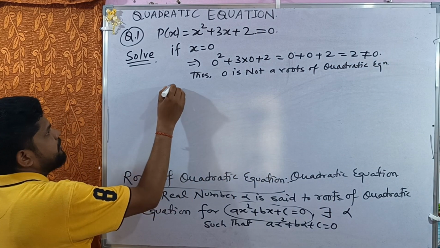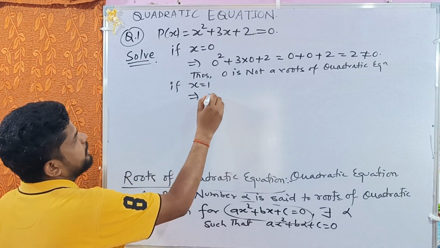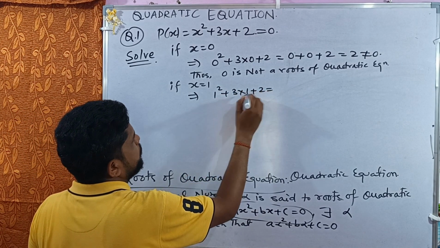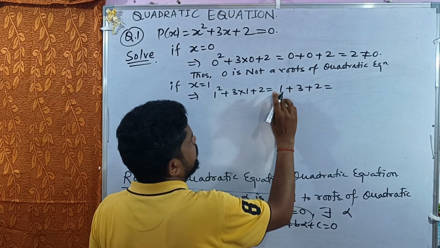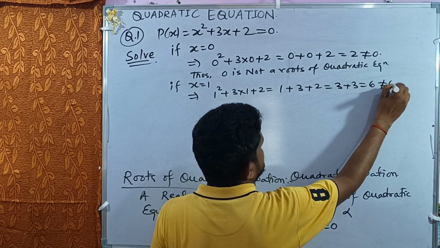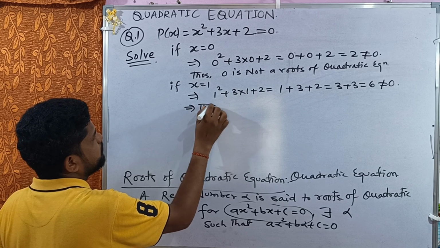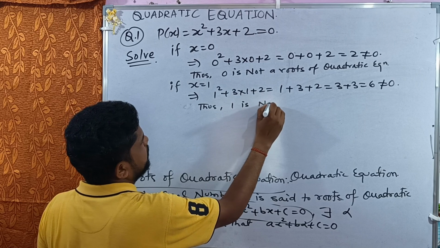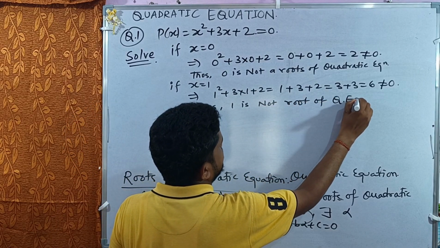Okay, if I put the value of x equals to 1, this will give us 1 square plus 3 into 1 plus 2, which is 1 plus 3 plus 2, which is 6, and 6 is not equal to 0. This implies that thus 1 is not a root of the quadratic equation.